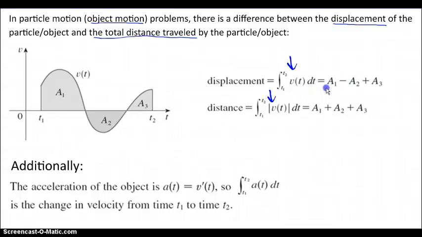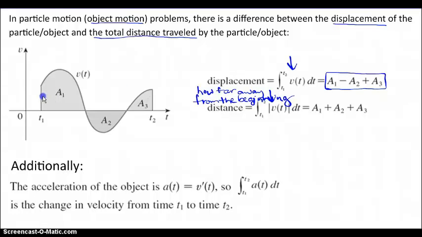So the signed area turns out to be displacement, and I'm sure in physics you've talked about distance versus displacement. Displacement is how far away from the beginning I was when I stopped.